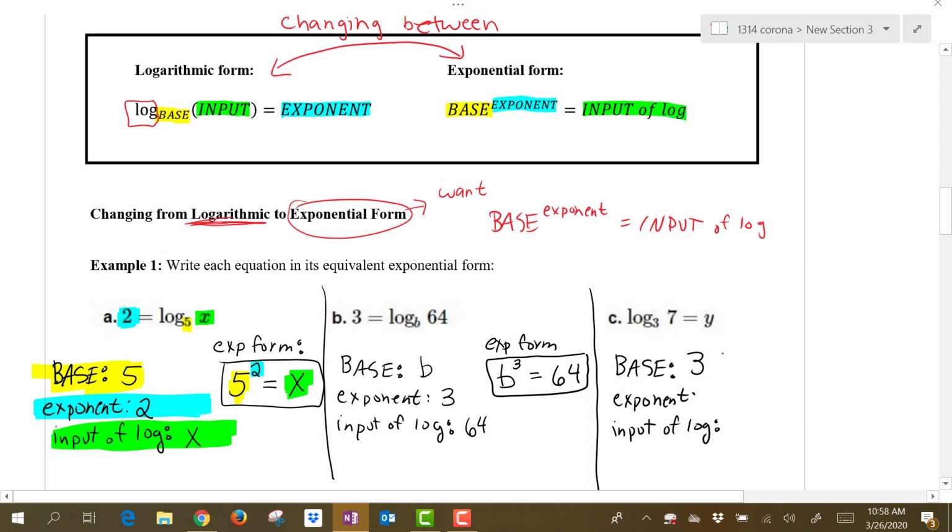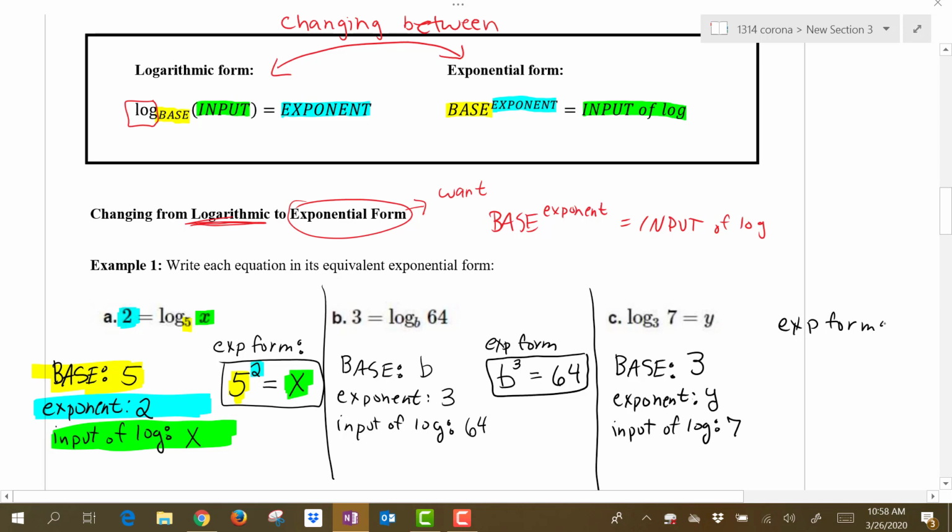That's the base of the log. What's the exponent? Say, I'm not sure yet. Okay, well, what's the input of the log? Well, the input of the log is what comes right after the word log, right? So that's 7. The only thing left over that we haven't identified is the y. The exponent is always what's on the other side of that equal sign.